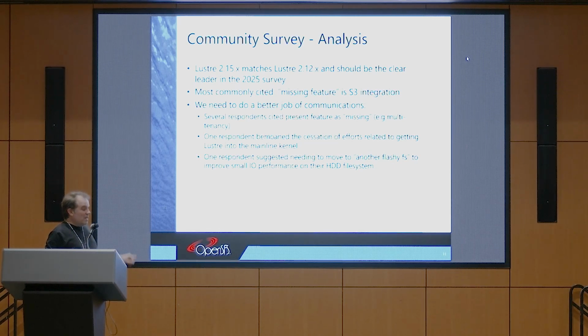In particular, and I think Andreas may touch on this as well, there was one comment that said, oh yeah, we've used Lustre for ages and we're really happy with it, but we're going to have to move to another flashy file system. That was the exact quote, because we're going to have more AI workloads running on SSD, so we'll have to use something other than Lustre.